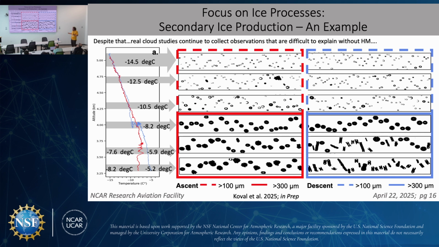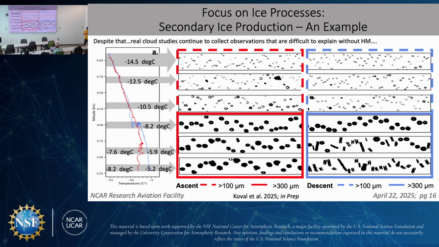And what we have here is the temperature profile on the left, and these are images from the 2DS. So across one of these buffers is 1.3 millimeters.